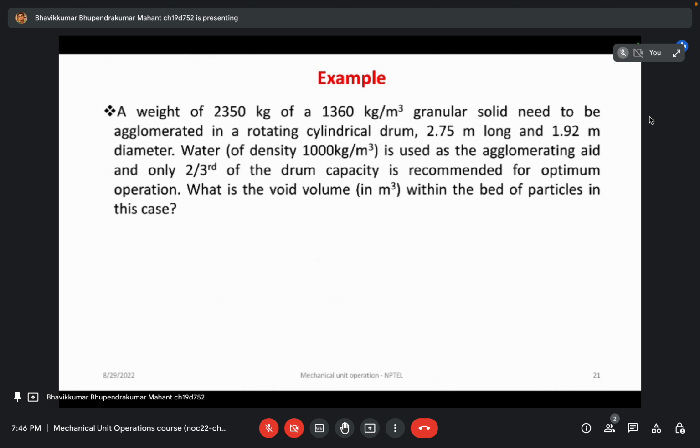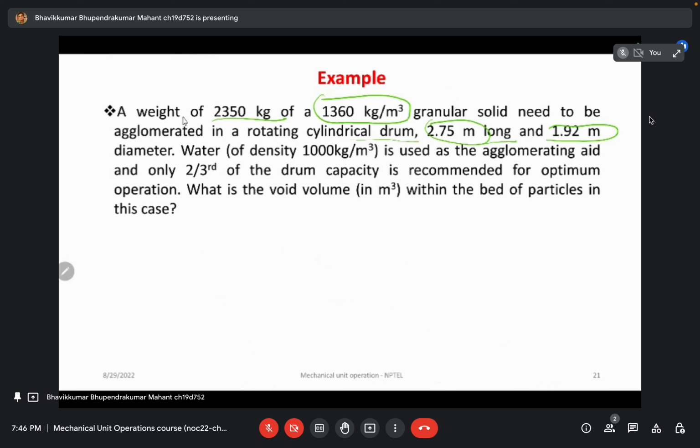The weight of the particles is 2350 kg, and the solid particle density rho S is 1360 kg per meter cube. The granular solid needs to be agglomerated in a rotating cylindrical drum with dimensions 2.75 meter long and 1.92 meter diameter.